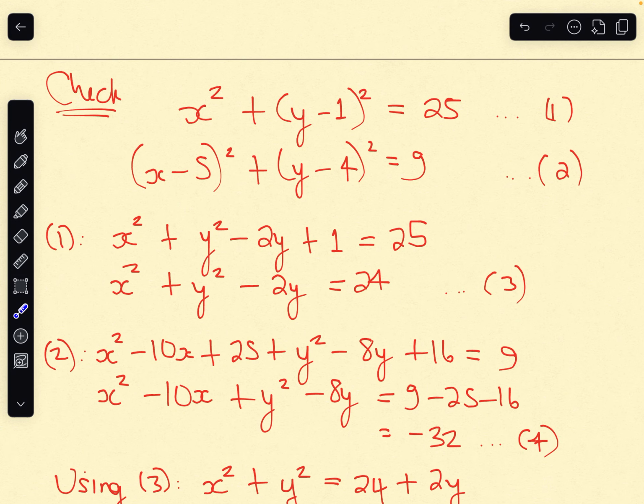That trick will always work for two circles, because the equation of a circle will always be x minus a squared plus y minus b squared. So whenever you multiply out those square brackets, you're always going to end up with an x squared plus y squared in both of the equations, which you can then eliminate. So that's a nifty thing to keep in your back pocket.